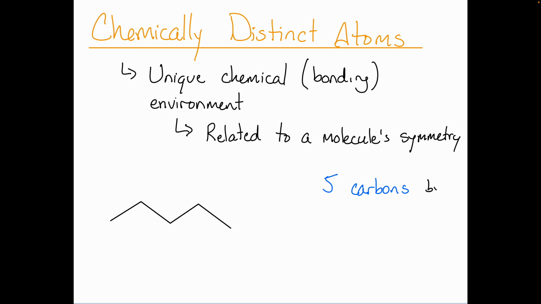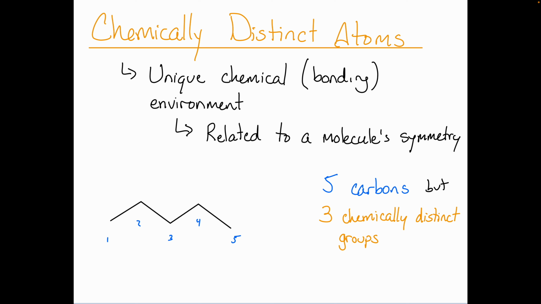All right, but we have only 3 chemically distinct groups. So let's just label these carbons 1, 2, 3, 4, 5. Certain of these carbons are grouped together, meaning that their chemical environment is the exact same.